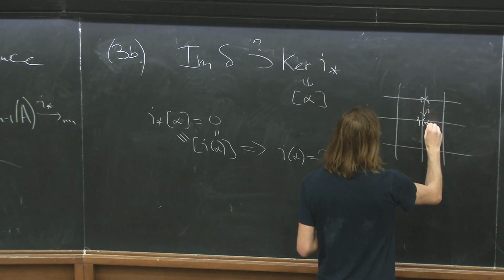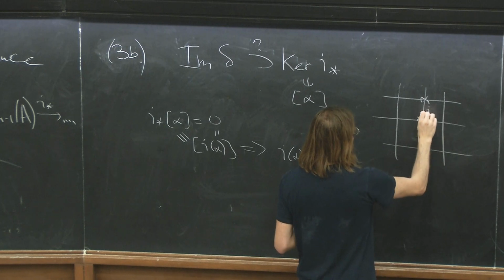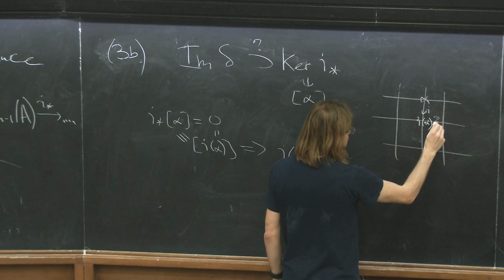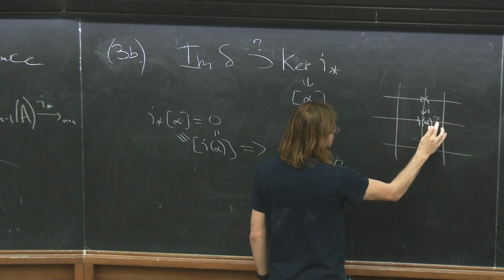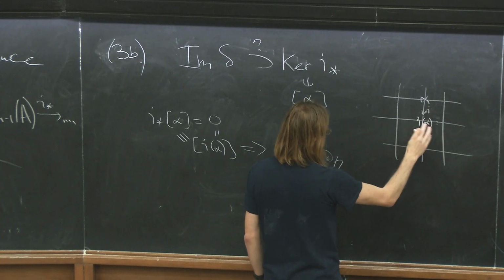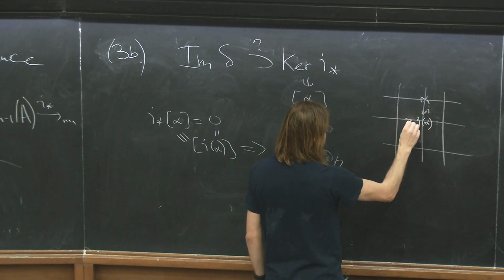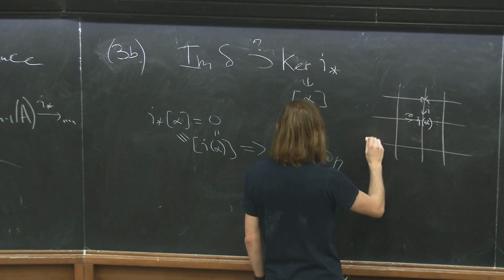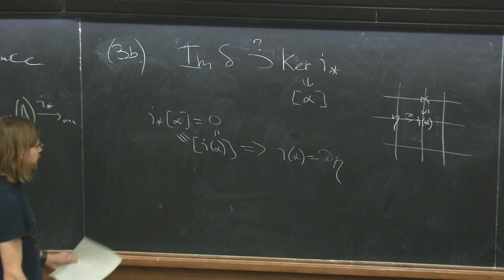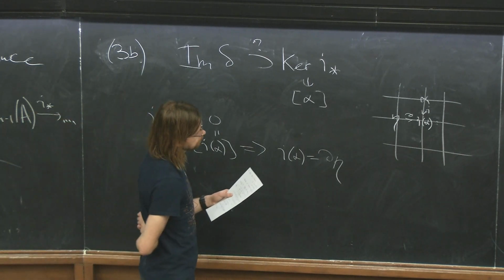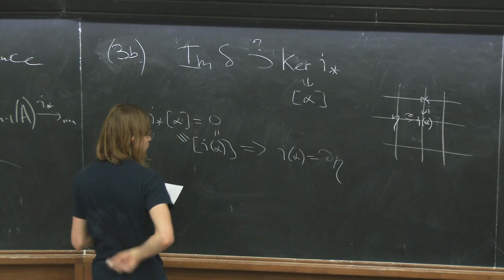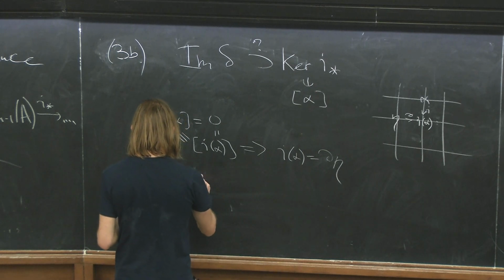Here you have I of alpha. And we know that it's killed by D. Sorry, no, we don't know this. What we know is that it's a D of something, right? It's trivial in homology. This means there exists a preimage here, which we denote by eta.